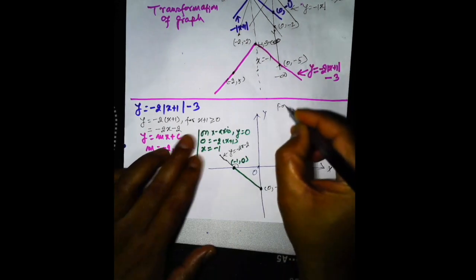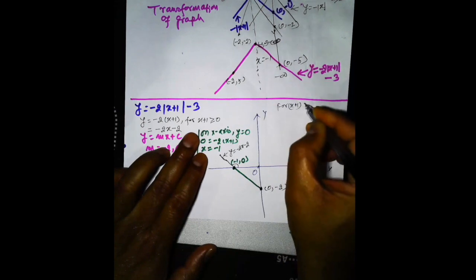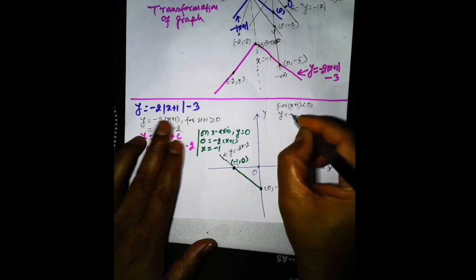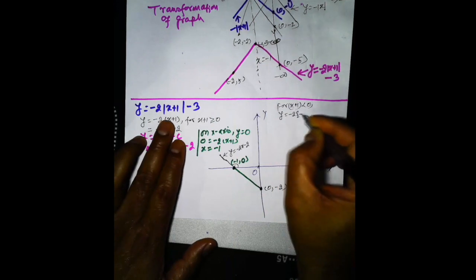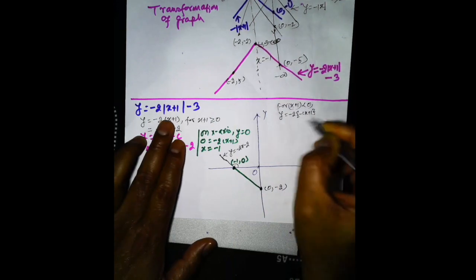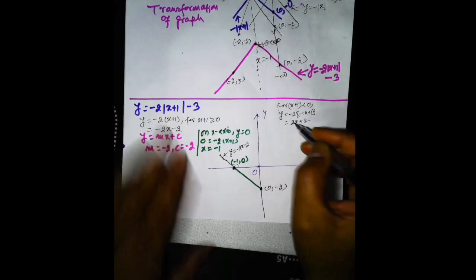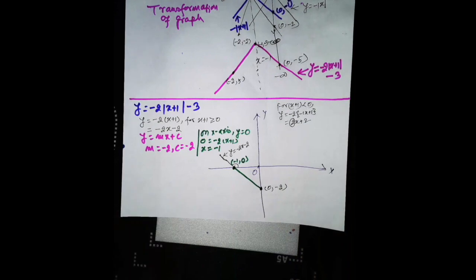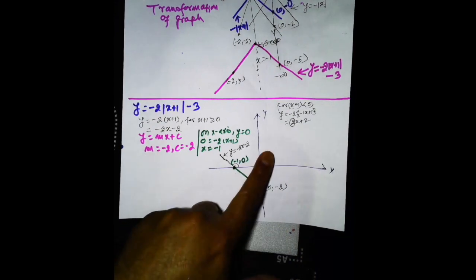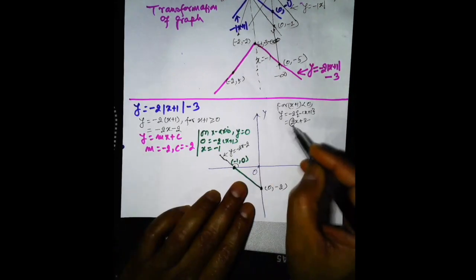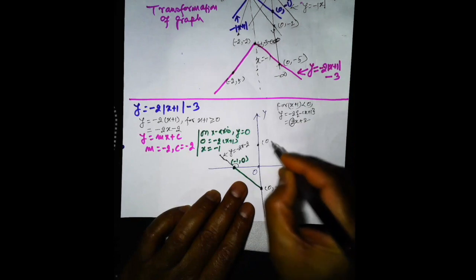Okay, so for x plus 1 less than 0, you can also take y equals -2 times minus (x plus 1). Then your line will become minus minus plus, so it is 2x plus 2. As the gradient is positive, that means it will make an acute angle with the x-axis. Also, if you put x equal to 0, it's going to be (0, 2).